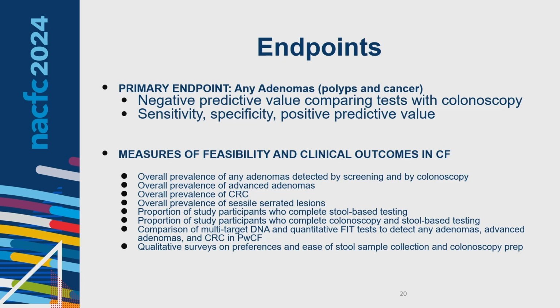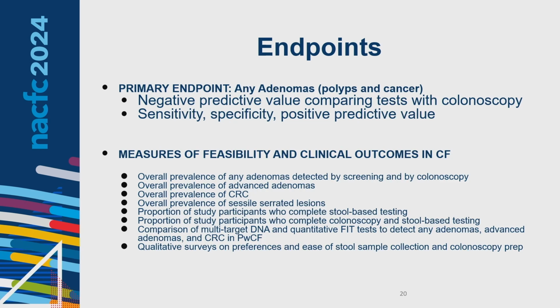Our primary endpoint is to look at any adenomas, so polyps or cancer, so anything that can turn into cancer or as cancer, comparing the negative predictive value, comparing the tests with colonoscopy, looking at sensitivity, specificity, and positive predictive value. We also looked at measures of feasibility and clinical outcomes, such as the prevalence of these precancerous lesions, those advanced adenomas I mentioned, colon cancer, sessile serrated lesions, which are another precancerous polyp.